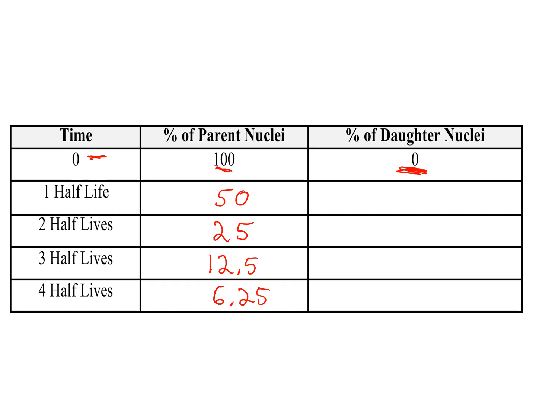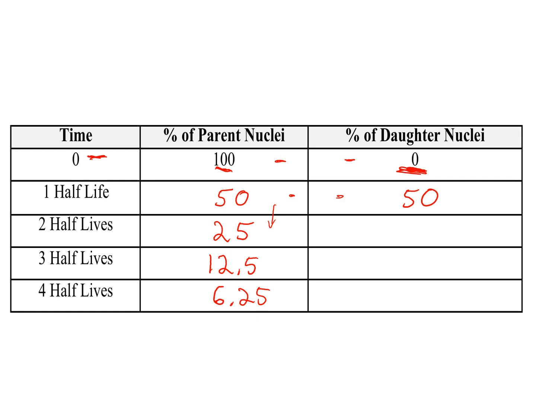Okay, now what about the daughter? So we started off with 0, and after one half-life, half of the parent turned into daughter. So the other half is now daughter. If these two numbers add up to 100%, these two numbers must add up to 100. So again, here's the number 50, half of it decayed, and we're now at 25. Then where did that 25 go? It turned into daughter.